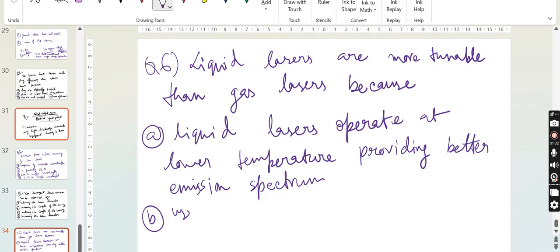B, they use dye solutions which have broad spectral range.